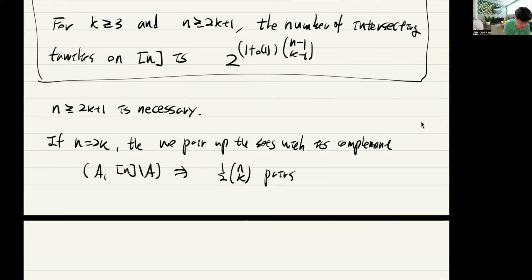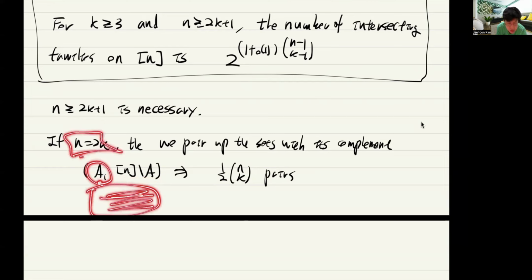In order to find an intersecting family, it is enough that these two are not both there. If A is here, it intersects every other set because n is 2k, as long as the other set of size k is not the complement.